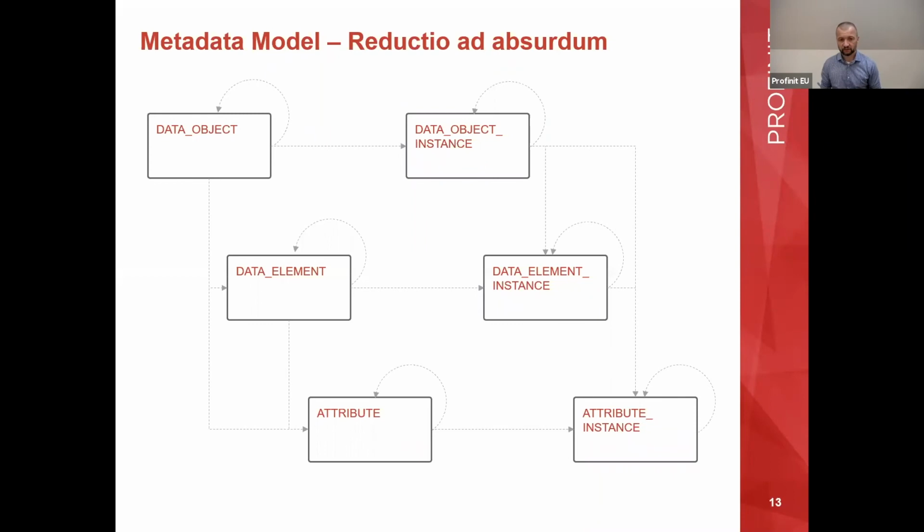And the third entity in the model is attribute, which means any property, anything that we want to collect about our data. It can be number of records in a table, it can be the detected semantics, whatever information in any dimension. It is generally called attribute. It can be linked to data element, or it can be linked to a higher level of data object.